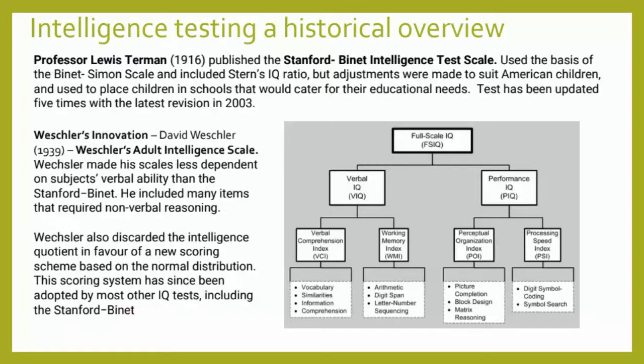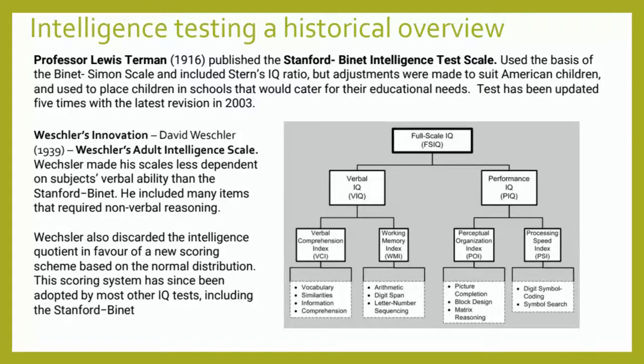In 1916, Professor Lewis Terman published the Stanford-Binet Intelligence Test Scale, which used the basis of the original Binet-Simon scale, but also included the IQ ratio. He adjusted it to suit American children, and it was very much used in the American system to place children into a schooling system, but it was a definite progression on the test that had already been developed.